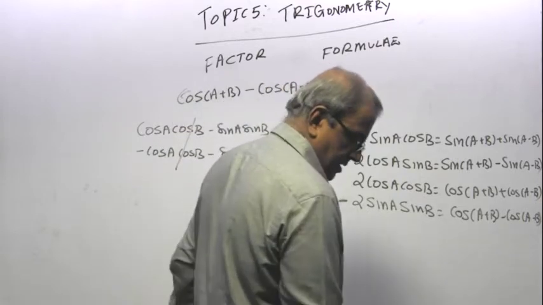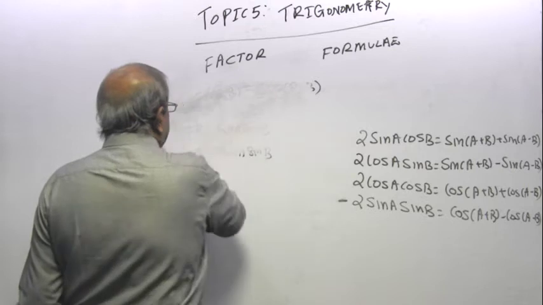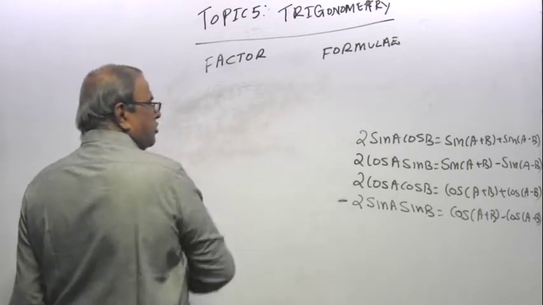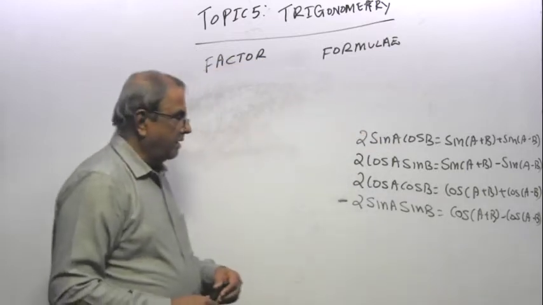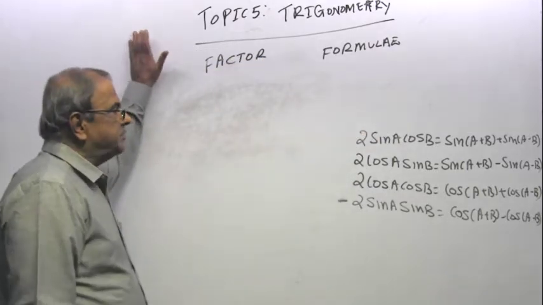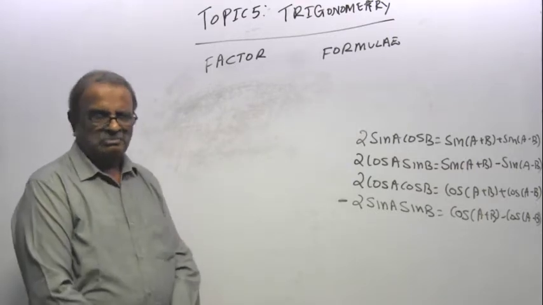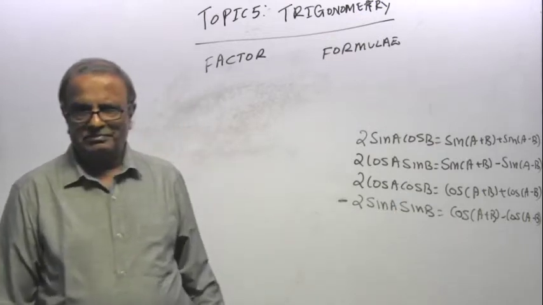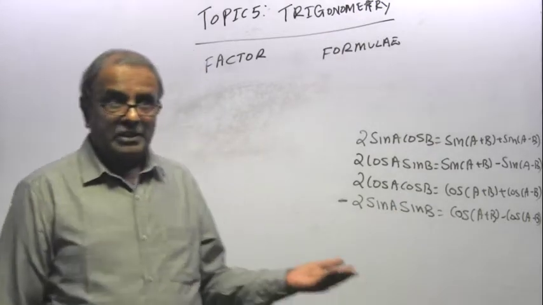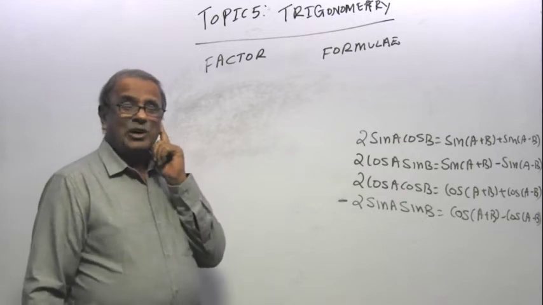Now, where are these formulae useful? At the moment, they're not useful. But when you do integration, suppose you have to integrate sine 4x cos 7x dx, use this formula. Otherwise you have to do integration by parts twice and then group everything.